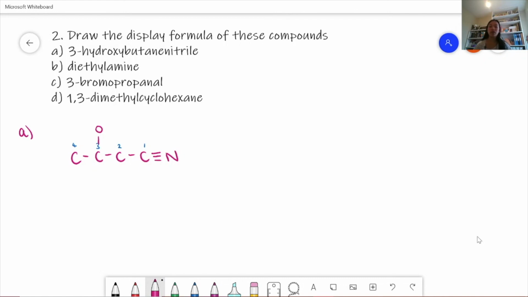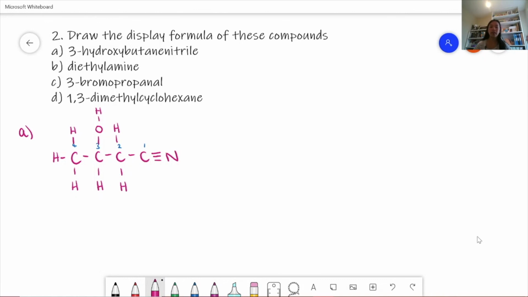But it's really important to remember that for display formula, we need to show every single bond. So you can get marks off if you just write OH. And then we have hydrogens everywhere else. And we don't have a hydrogen on the carbon with the nitrogen attached.